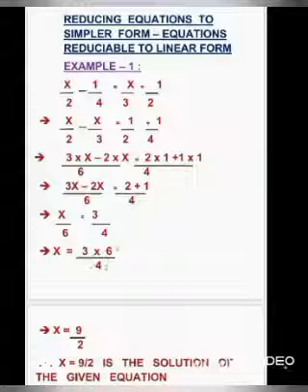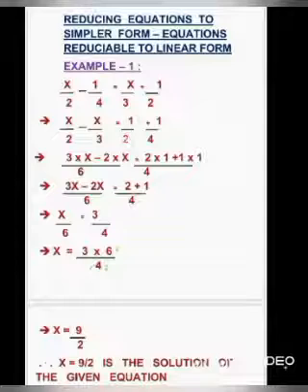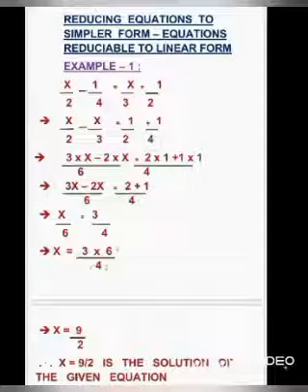You will get minus x by 3, which is equal to, let us transpose the constant minus 1 by 4 to the right hand side. Then you will get plus 1 by 4. So you will get the equation like this: x by 2 minus x by 3 which is equal to 1 by 2 plus 1 by 4.